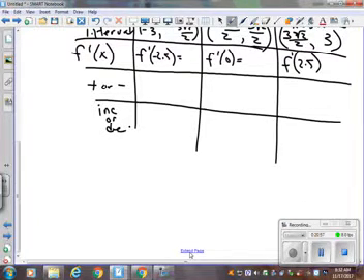All right, so when you did your table, was it decreasing, then increasing, then decreasing? All right. So we know that at positive and negative 3 square roots of 2 over 2, we either have some cusp going on or some maxes or mins or something, because that came from the derivative, right?